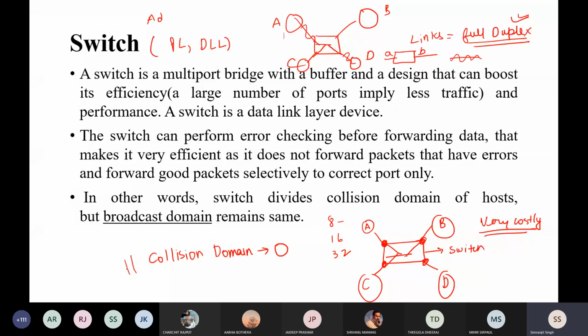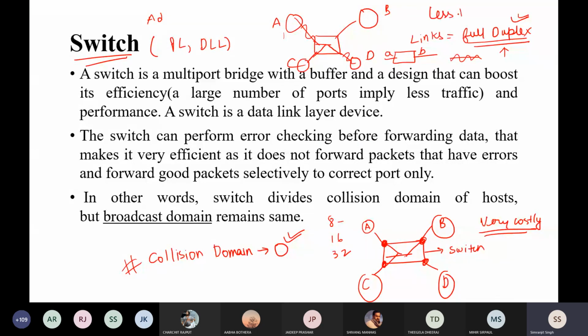So a switch is the device inside the LAN that does not contain any kind of collision. All the advantages of a bridge that you have seen earlier are already there, with the addition that collision in a switch is reduced to 0, and there are only full duplex links inside.